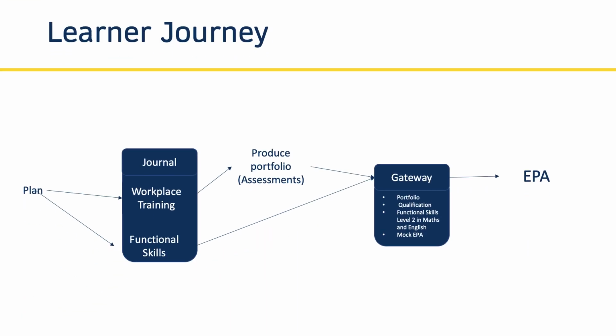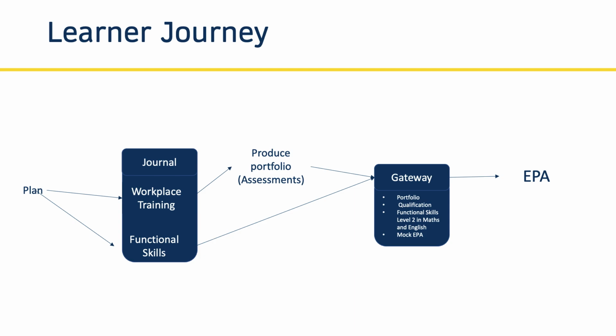So just to summarise the journey, sometimes it's easier to see it in this sort of graphical or map format. You would start off your journey by creating the individual learning and assessment plan. You'd then move on to the on-programme phase where you would complete training. You'd complete workplace training, and also training on your functional skills.